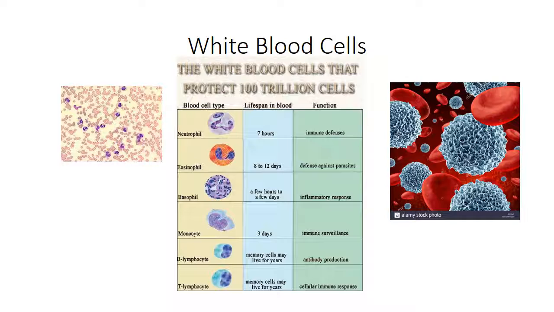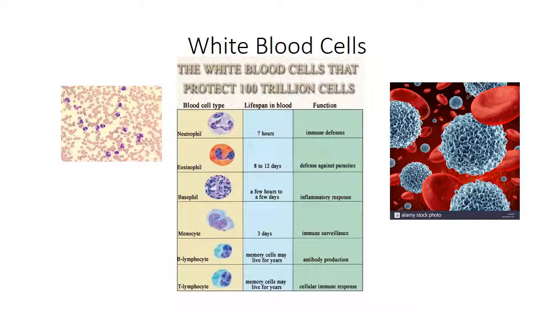White blood cells are also called leukocytes. And as we said, their major function is to protect us from infections. There are several types of them in this little chart or table. You see drawings of different types of white blood cells and a short summary of their lifespan and function.